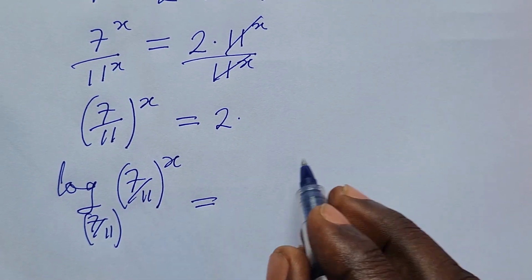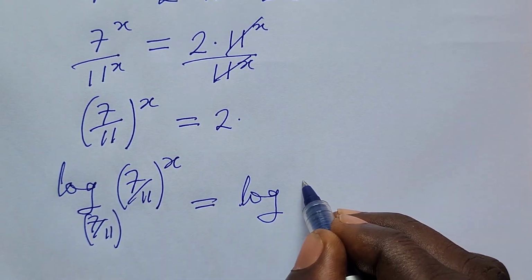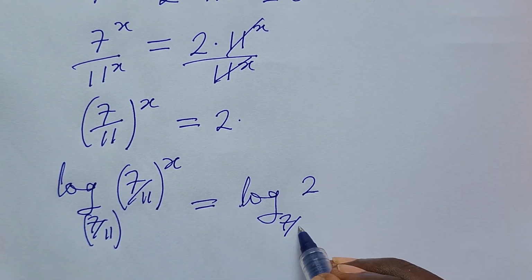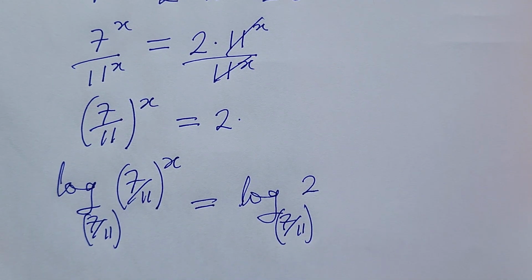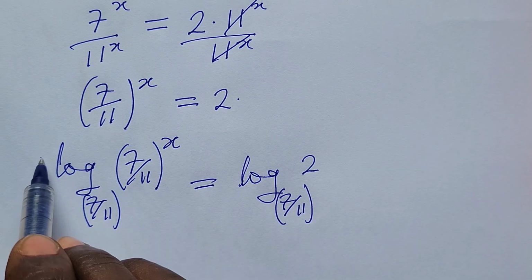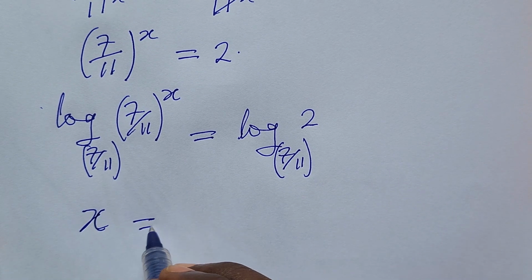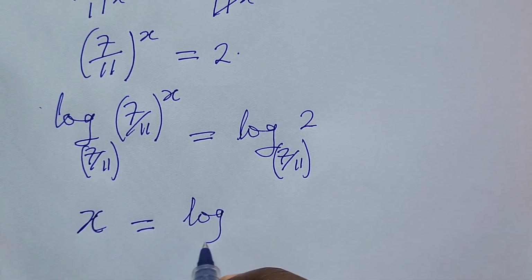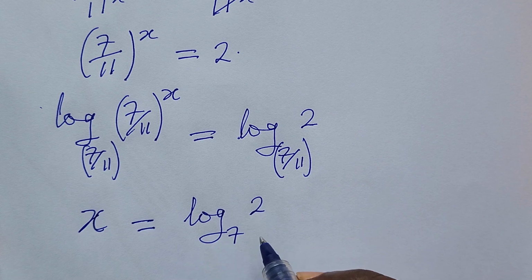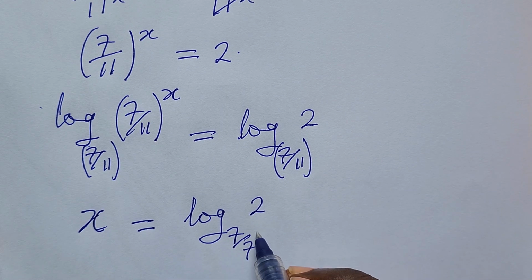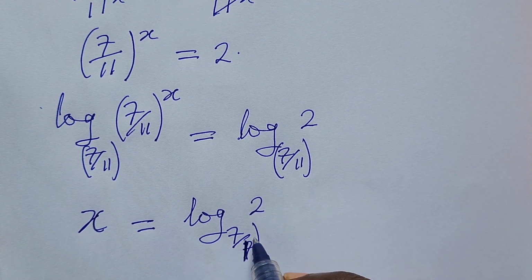Then equal to our log 2, base 7 over 11. And again, we move this to this side. So the whole of this will give us x is now equal to log 2 base 7 over 7. Sorry, all over 11, please.